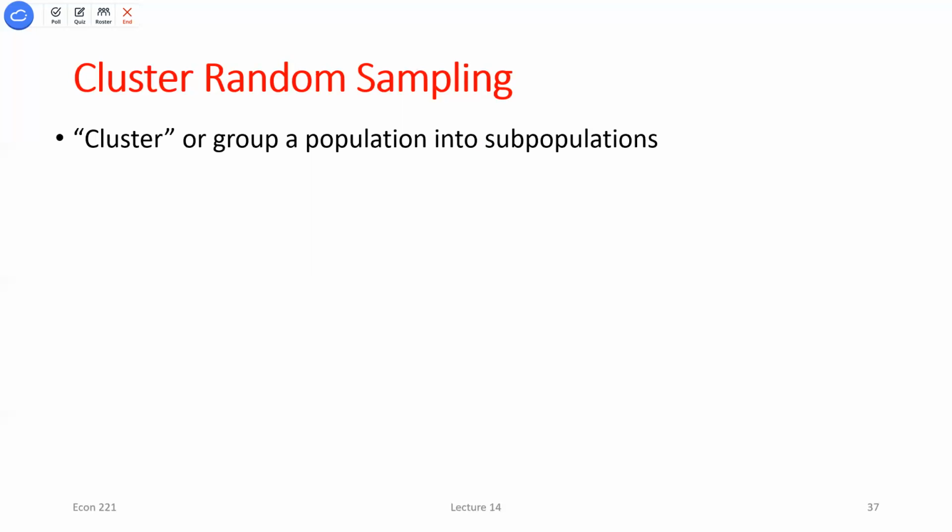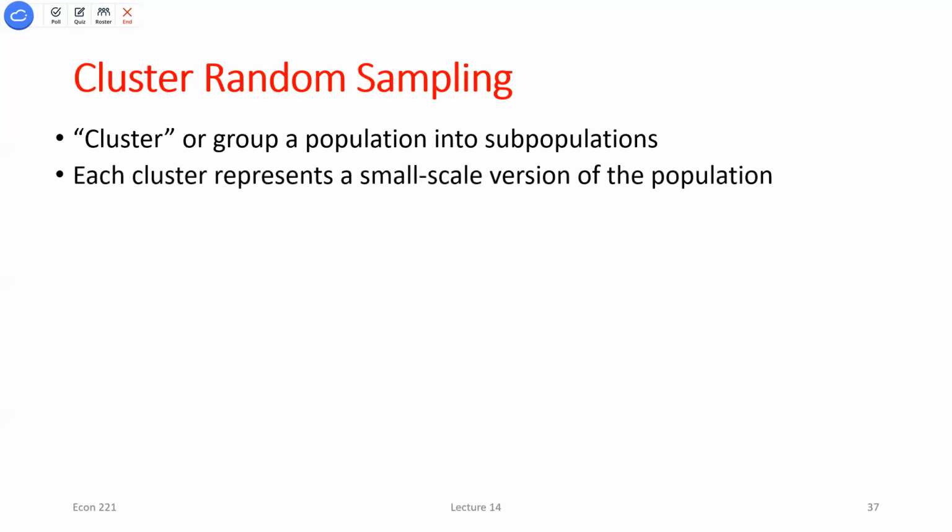Generally, this is used in terms of geography. That's why I used the city example. But you can think about this as, what if I wanted to have a random sample of 100 people? I want to make sure I've got way more people from California than I do from Delaware, right?